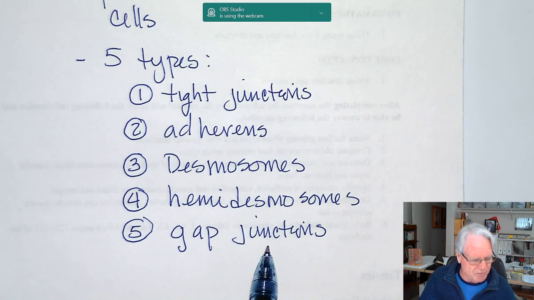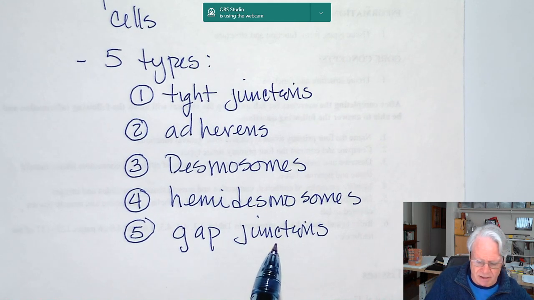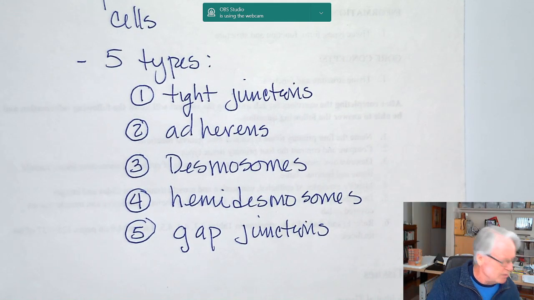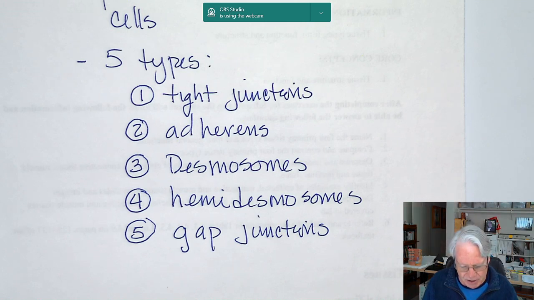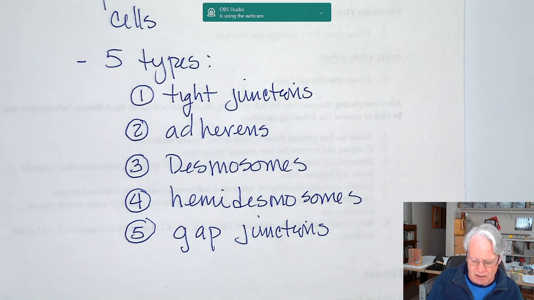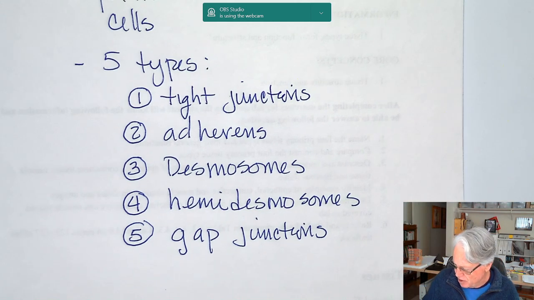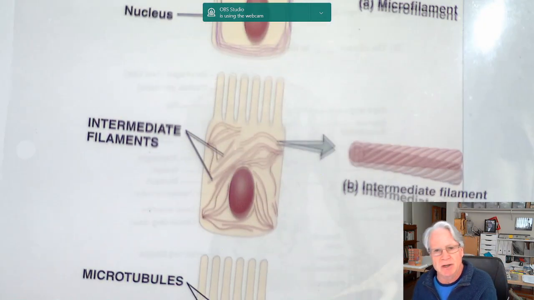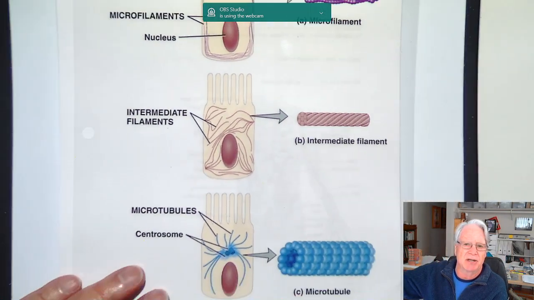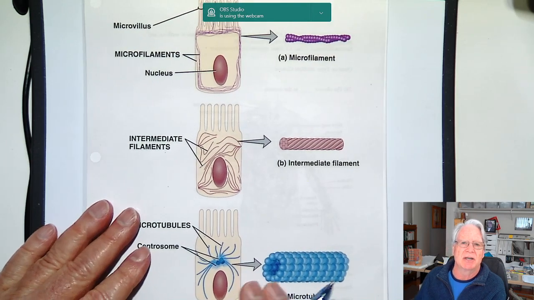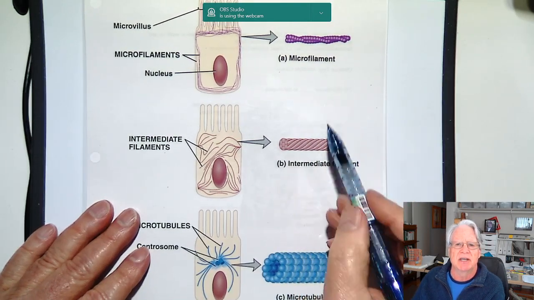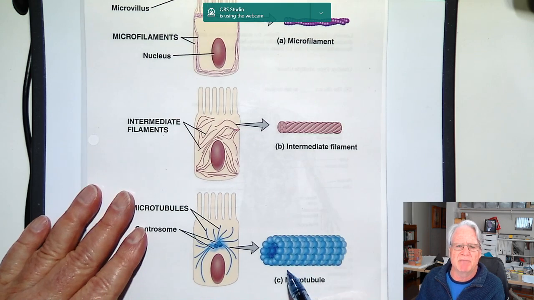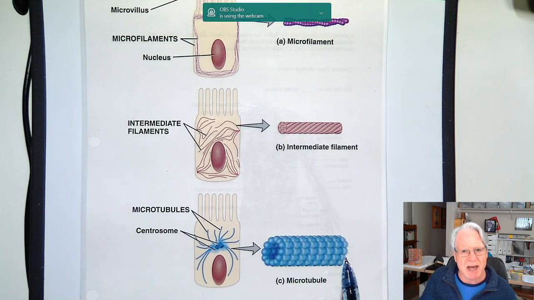Before we go any further, let me remind you from the last lecture of some of the cytoskeleton elements that we had talked about. You may recall this from the last chapter that we lectured on. If you remember this image, we have microfilaments, intermediate filaments, and microtubules.